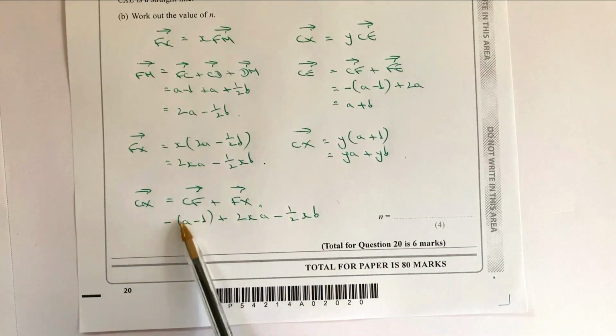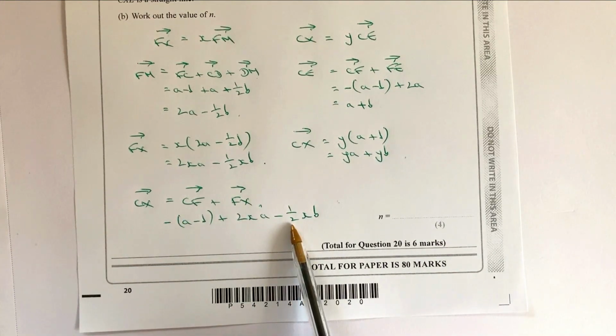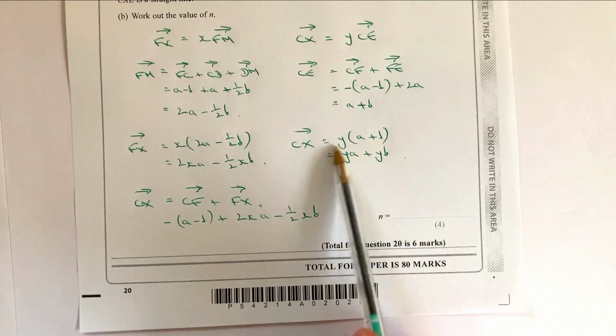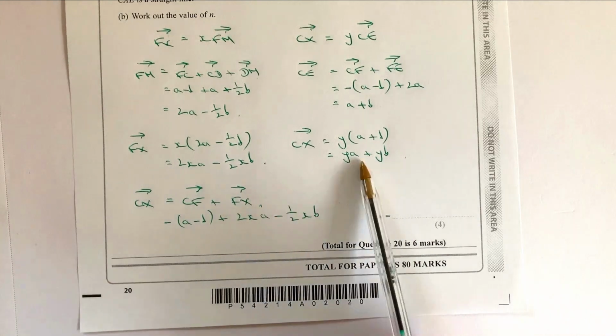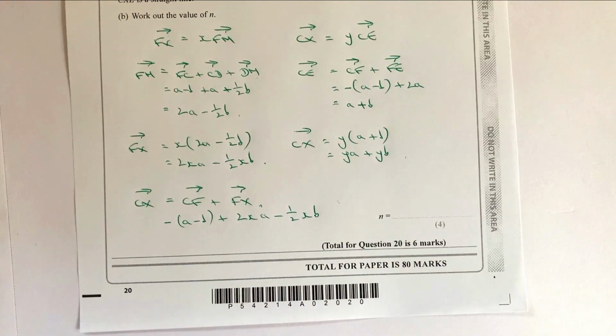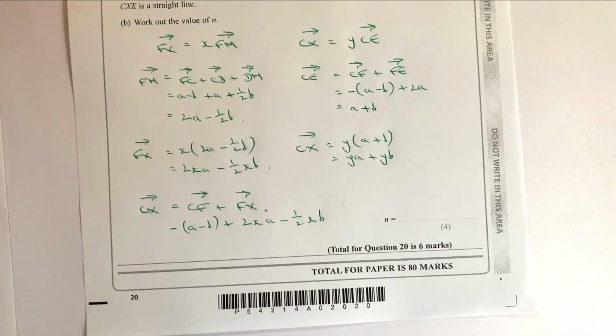So bearing in mind this is the value of cx, and bearing in mind this is also the value of cx, what I'm going to do is make those two equal to each other, and then use matching coefficients to work out the values. Okay, so let's have a look and see what happens.